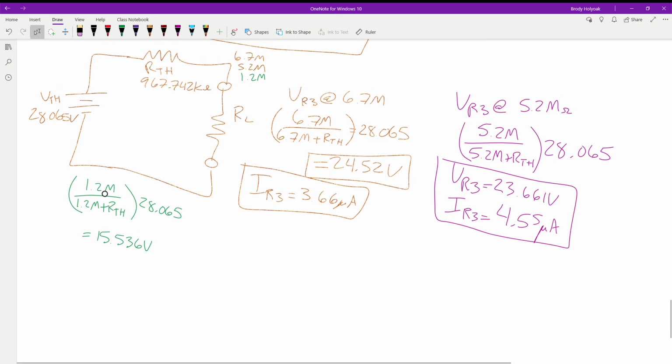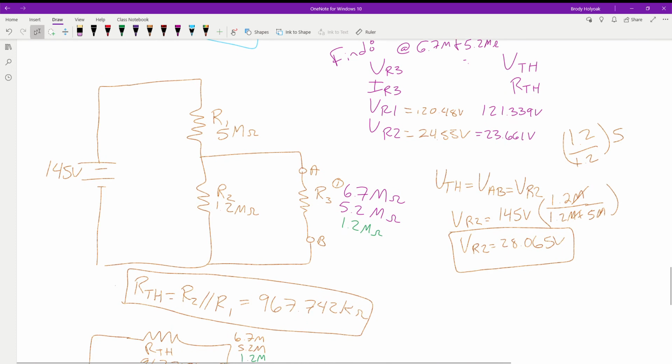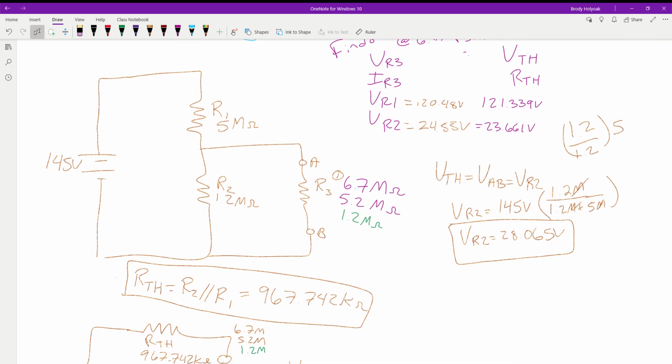Okay, so we got the 15.536 volts. So if we come back up here, again, how much voltage do we have across R2? 15.536. How much do we have across R1?